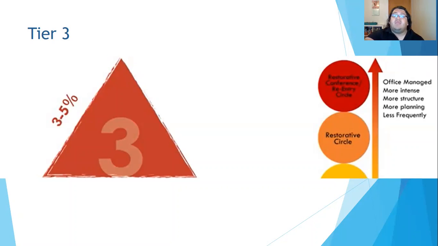And in this part, the restorative play comes into play, right? But this is where it's office managed. This is where it's more intense, more structure, more planning, but it happens less frequently, right?